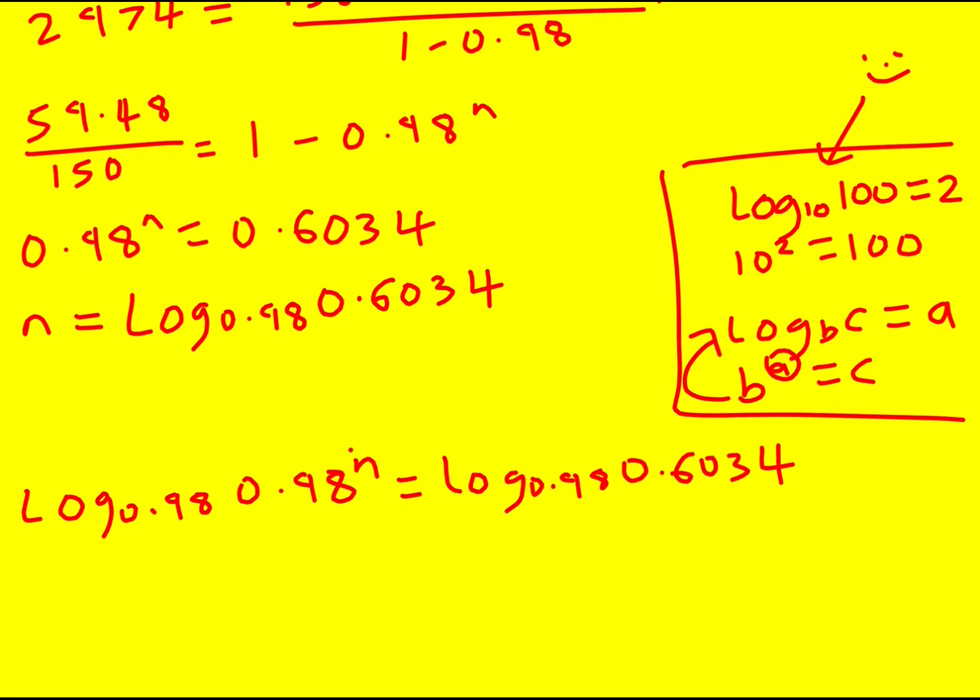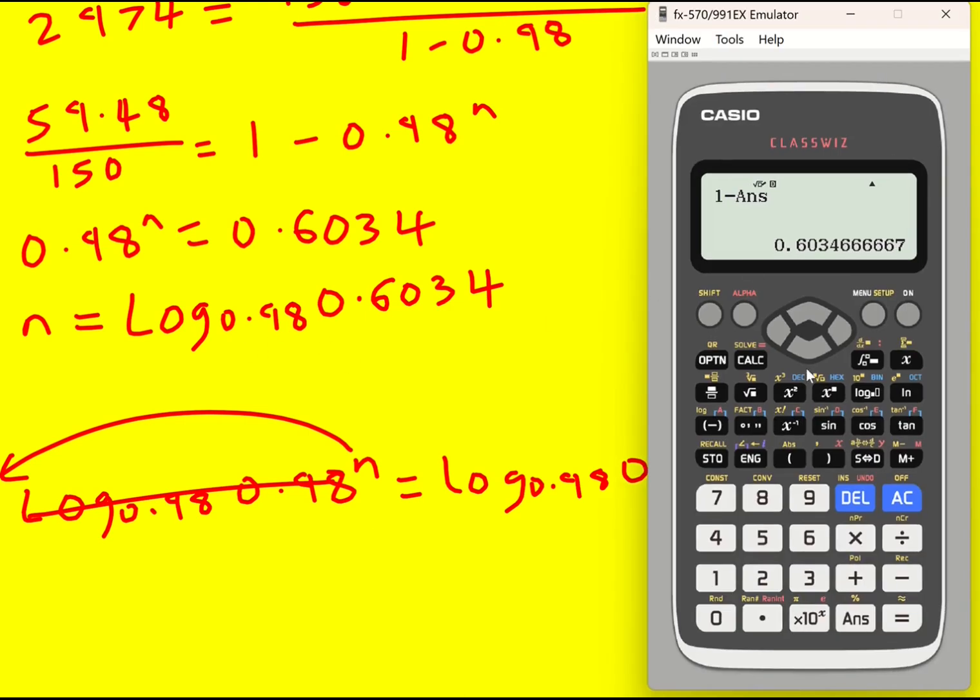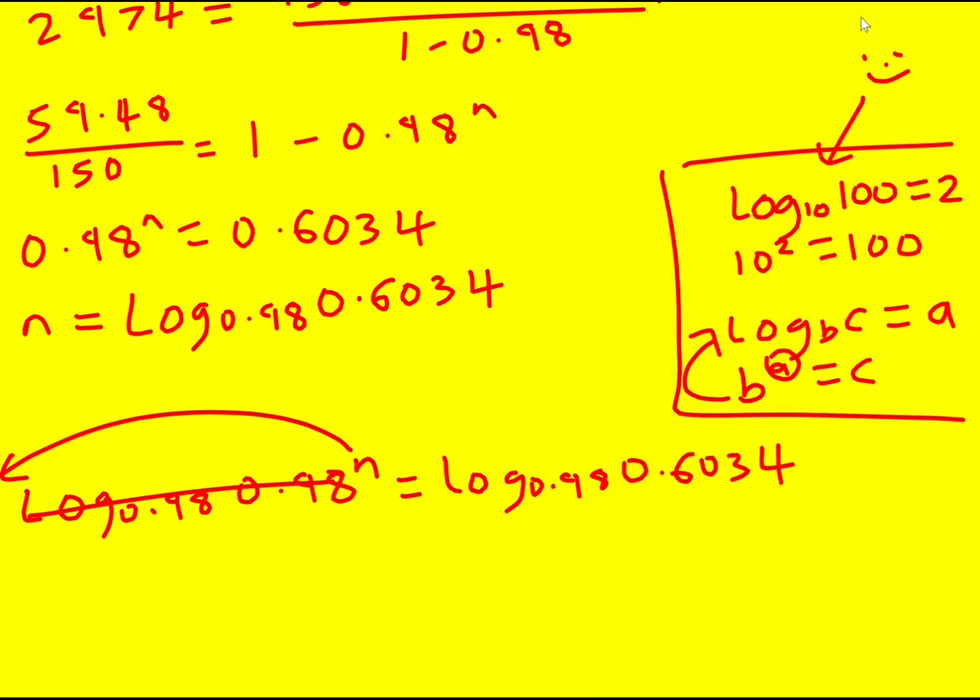The fact is that then you can bring the n down using the third rule of logs, and then this cancels out because it's just 1, and you get exactly the same answer. You can also take log to other bases like 10, but in this case, it's going to be easiest to use this base. So log base 0.98 of the answer, and we get 24.999. So clearly, we round it to the nearest whole number, it's going to be 25 half marathons.